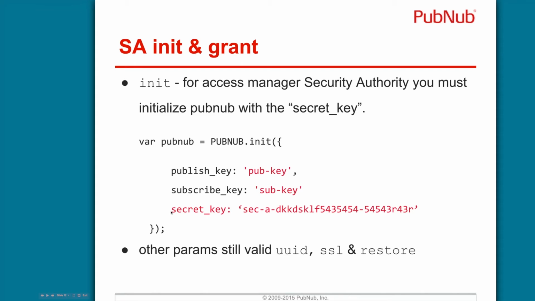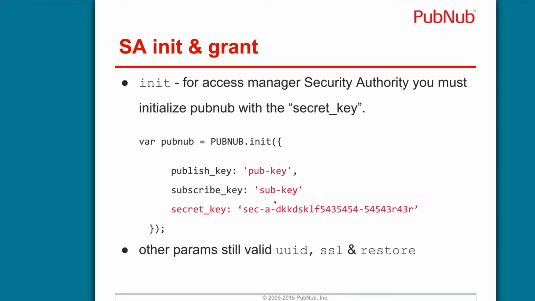Many times I've seen Access Manager tickets come in, or folks have a hard time with Access Manager, and it's because the secret key is not correct. So you want to make sure that you're using the right secret key. If you're getting mismatched signatures or something's not working, check the key first, check your clock second. And usually it's one of those two things.